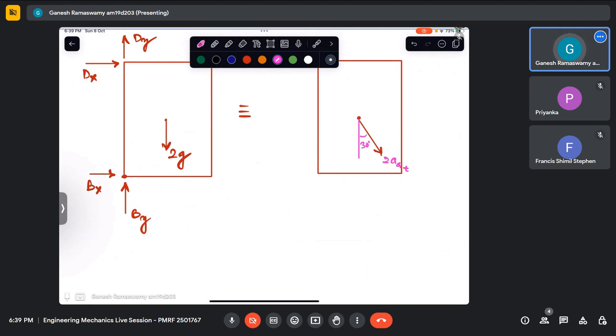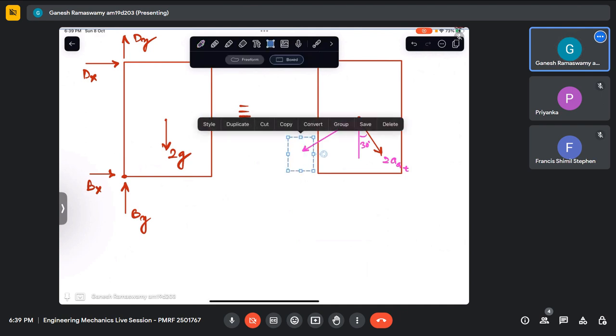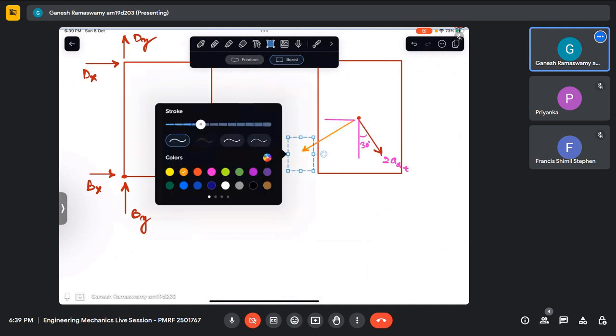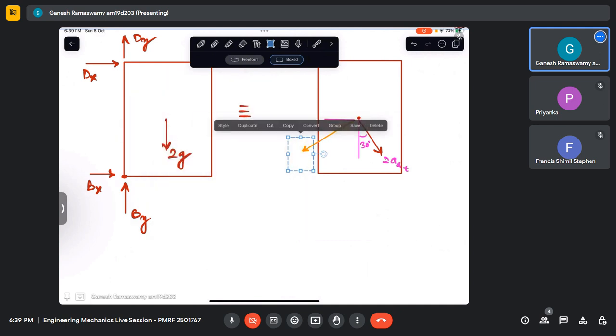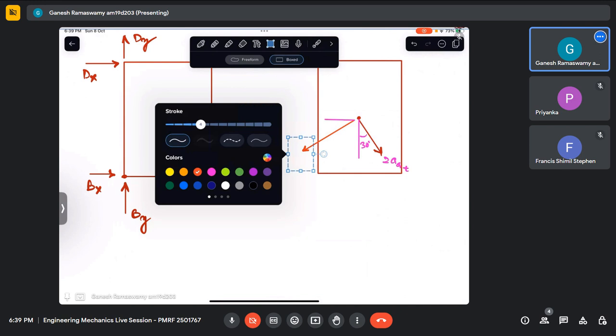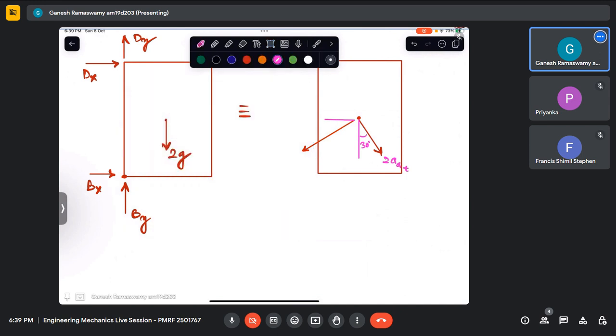Similarly, there will be one perpendicular to this. So this will be m a_G normal.